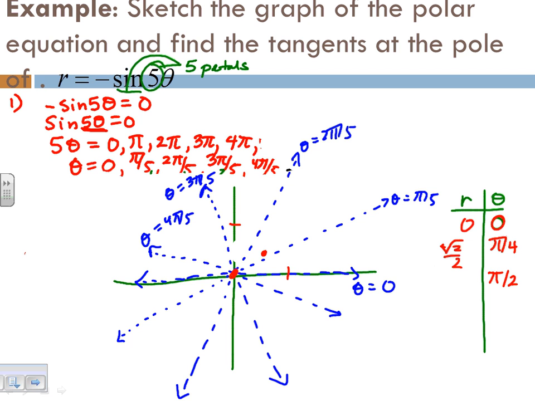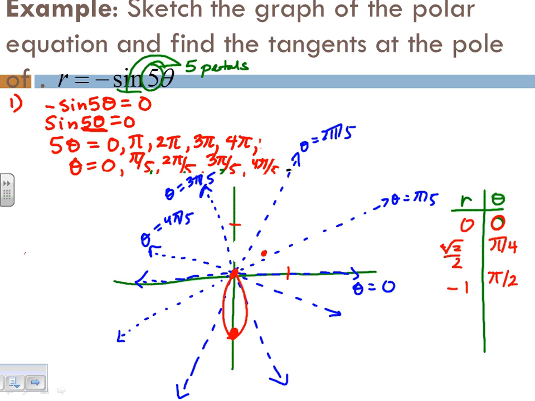Pi over 2 is negative 1? Alright, that's helpful. Okay, so I'm facing pi over 2, and I'm going to go back to 1. So that right there is right in the middle, right? So I know that that's the end of a petal. Okay. So I've got that petal.